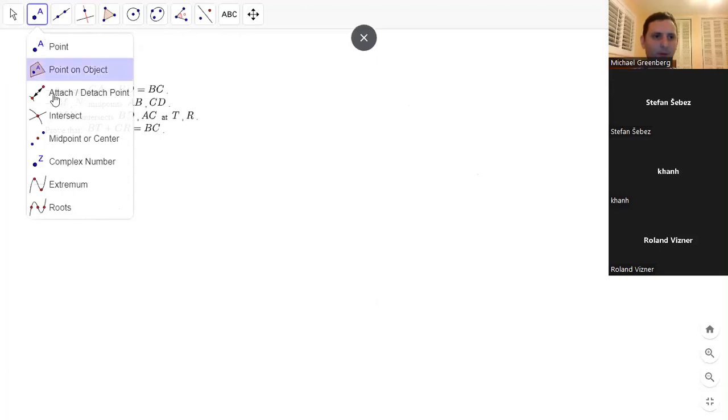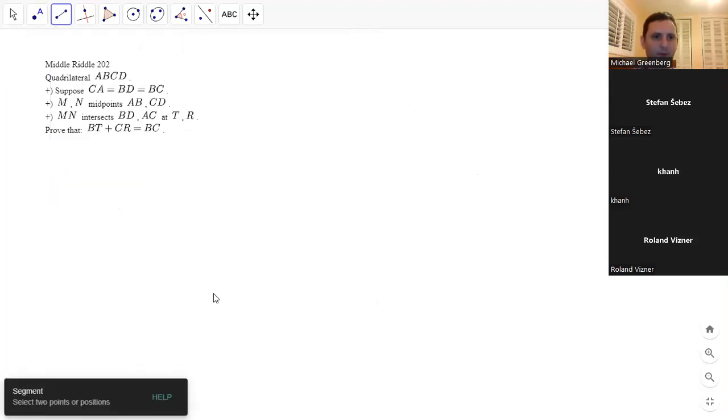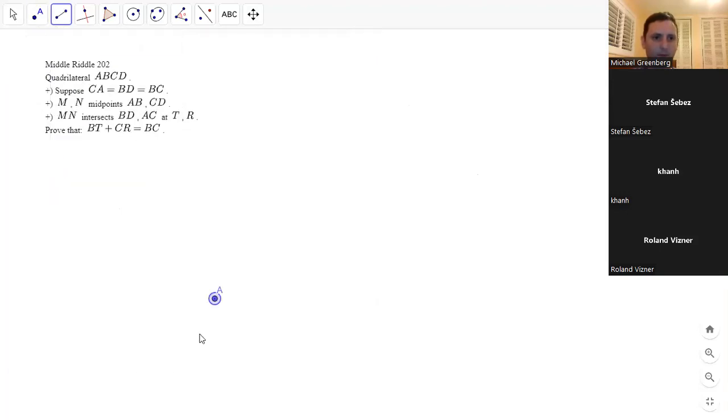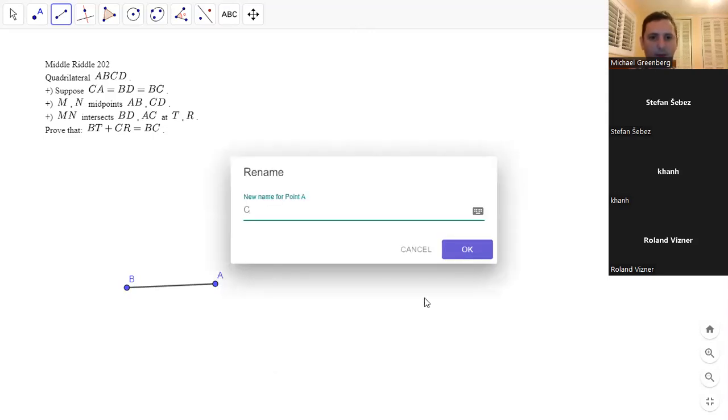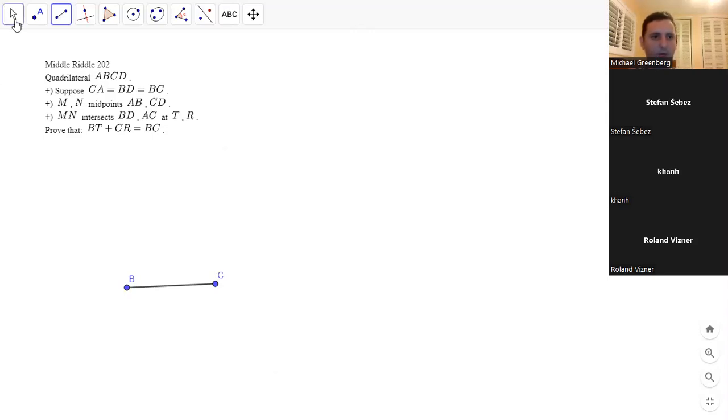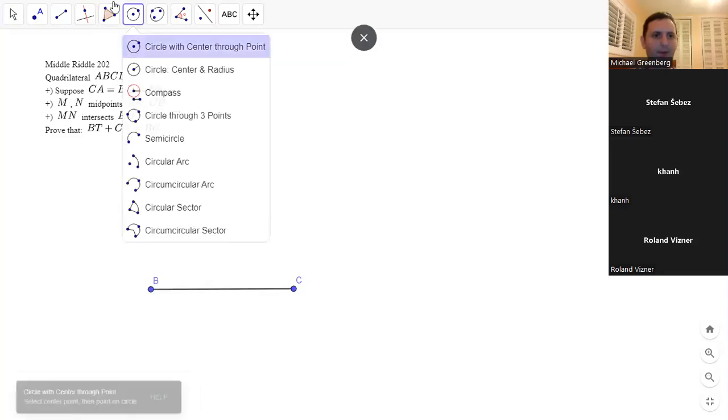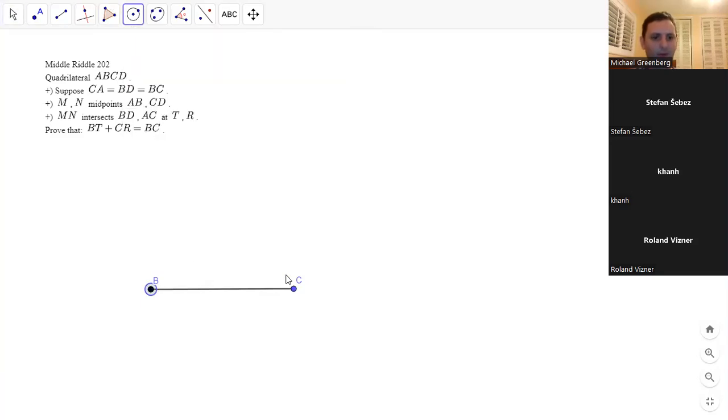So we have a quadrilateral. So we have side BC. So actually, here's what I'm going to do. I'm going to rename this C and then draw two circles. So this one looks like it might be really easy, but I don't know.